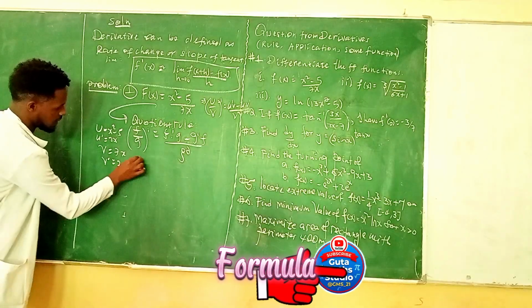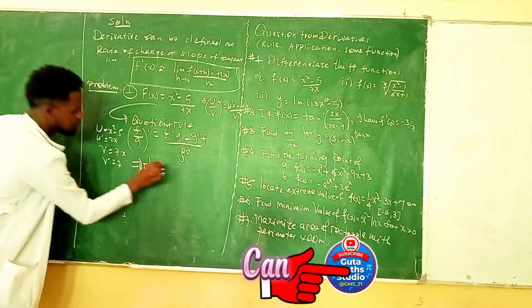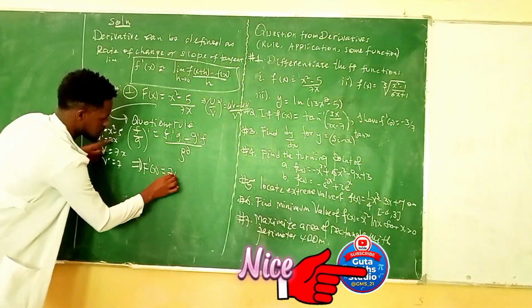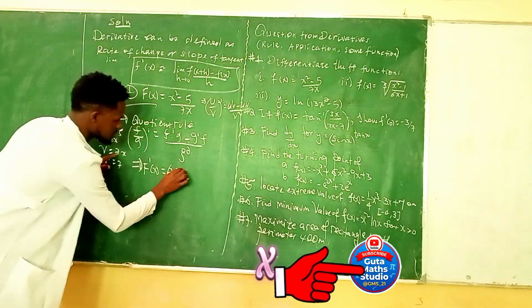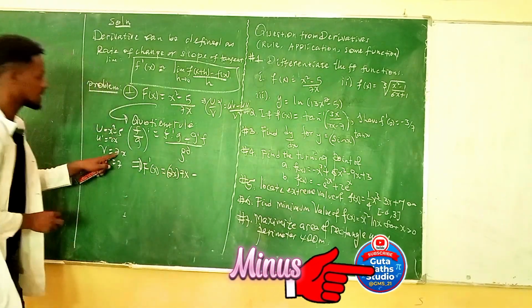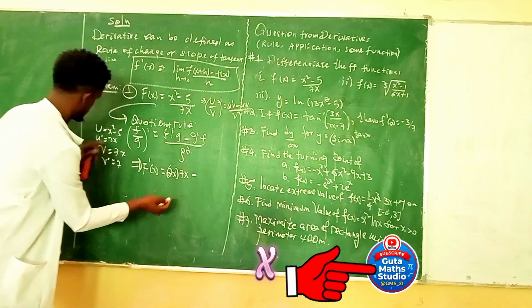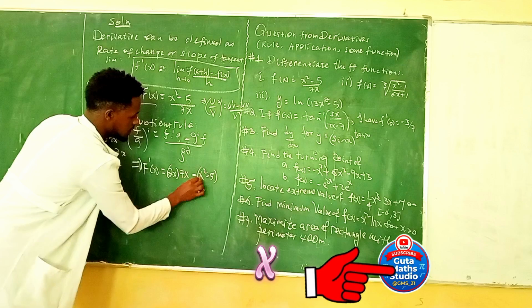So the derivative of f at x can be: u derivative is what? 2x. And what's v? v is 7x, minus what's u? u is x square minus 5.